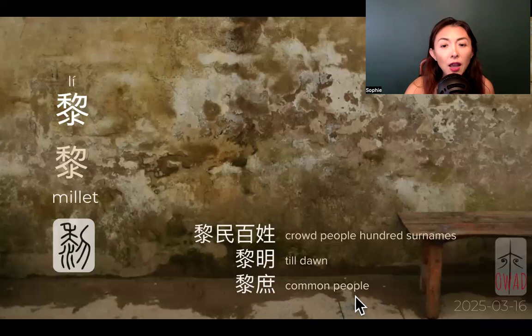Li Shu. So here we have Min meaning people in general terms. Shu is another way to say people, the commoners. And Li, in this case, I translate as common people.